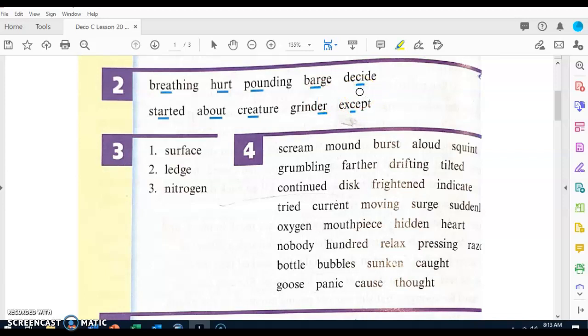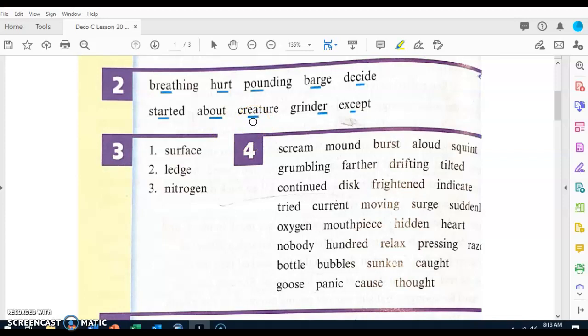Next word. What sound? What word? Decide. Next word. What sound? R. What word? Started. Next word. What sound? Ow. What word? About. Next word. What sound?